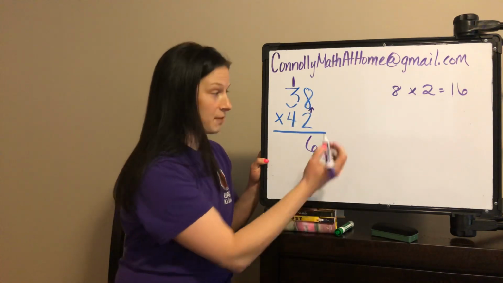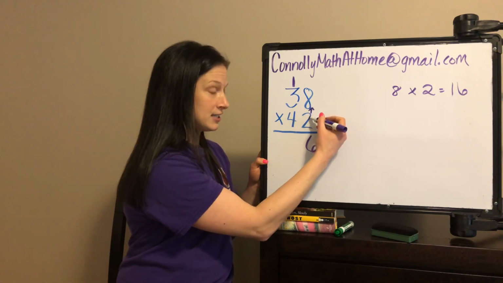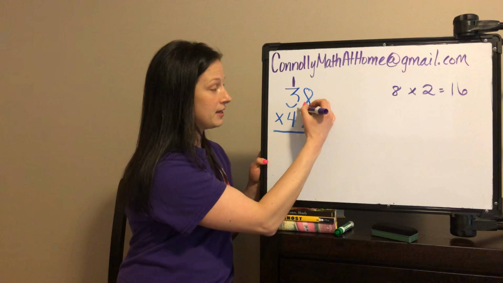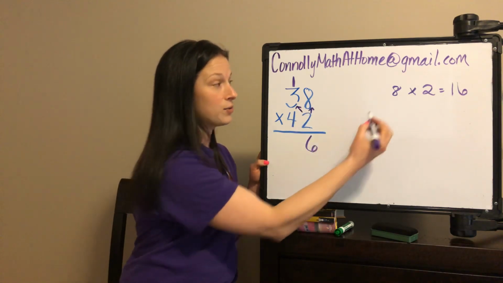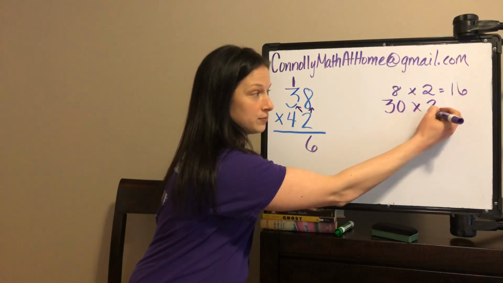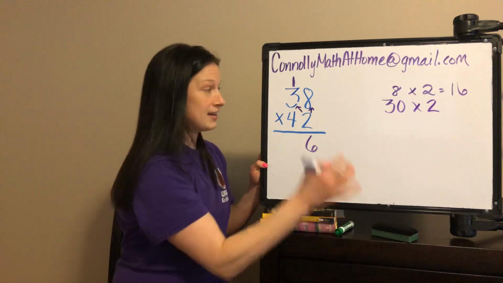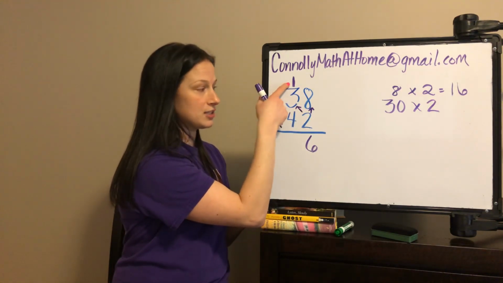The next step, once you've multiplied ones place by ones place, you're going to take the digit in the ones place and multiply it by the tens place. So what's going on now is we're doing 30 times 2, and then we're going to add in the group of 10 that's floating up there, and you'll see what happens in just a second.